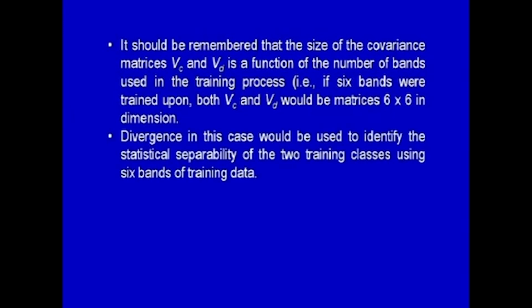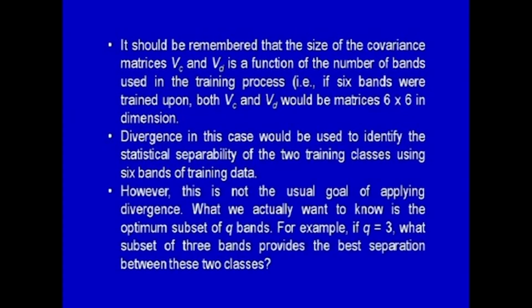Divergence in this case would be used to identify the statistical separability between the two training classes using 6 bands of training data. However, this is not the usual goal of applying divergence. What we actually want to know is the optimum subset of Q bands. For example, if Q is equal to 3, what subset of 3 bands provides the best separation between the two classes?